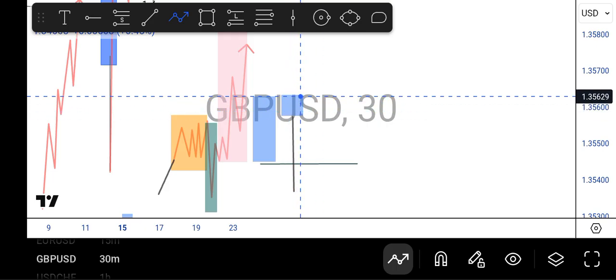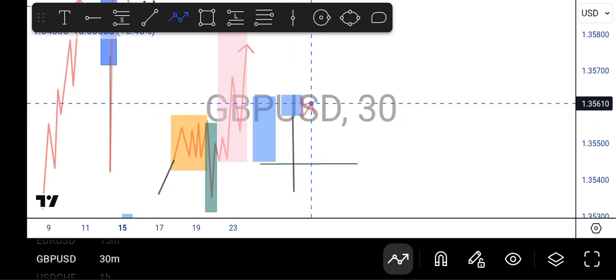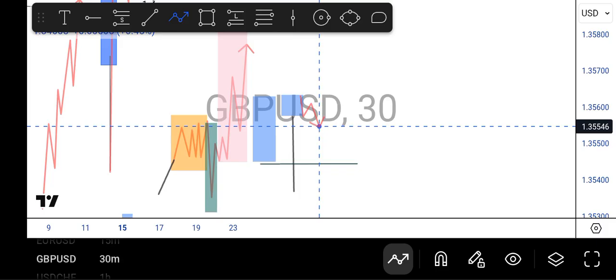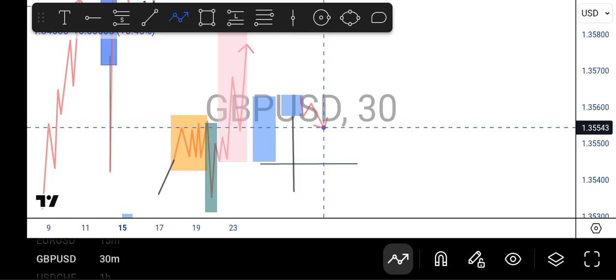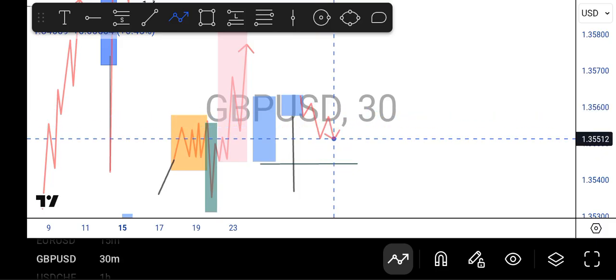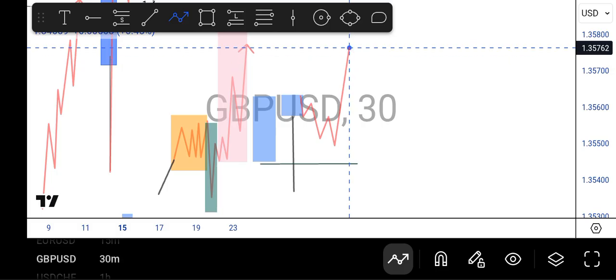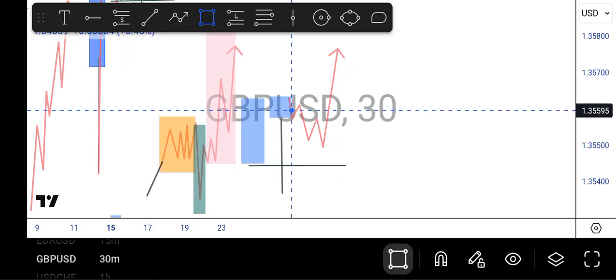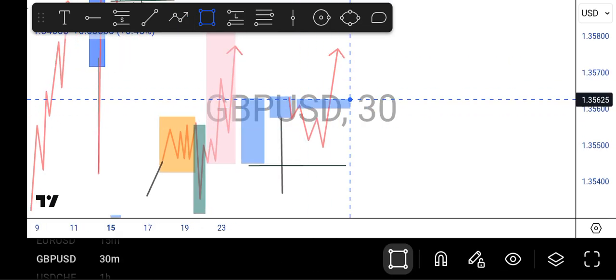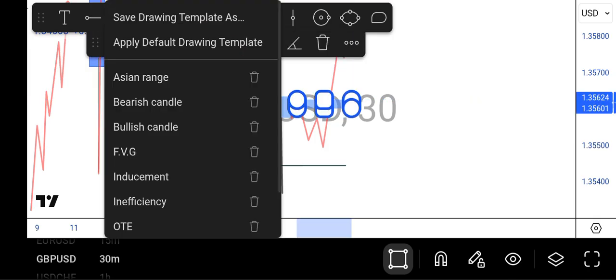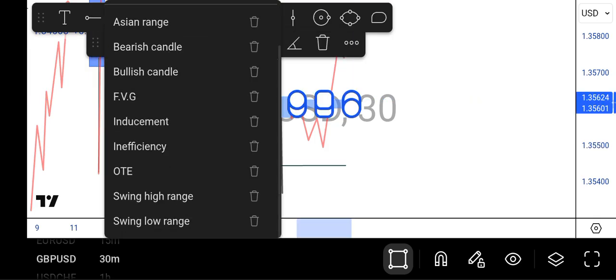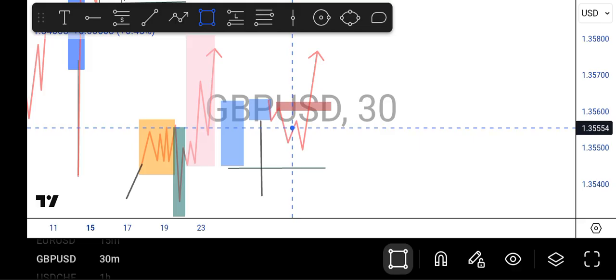So what I'll be waiting for is the price to pull to give me a swing high. If I'm bullish, the price will give me a swing high, and then something like this could happen. How do I create my swing high? I draw my swing high there. This one is the swing high range. I draw my next swing high on the 15-minute time frame.